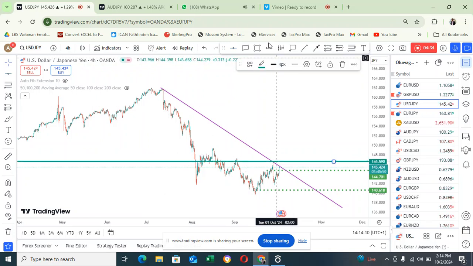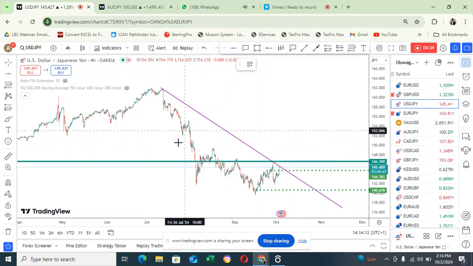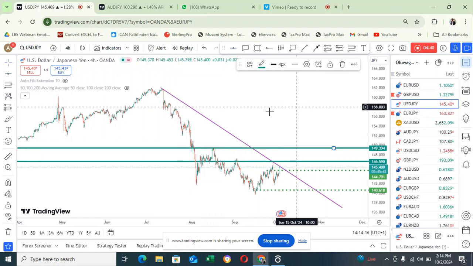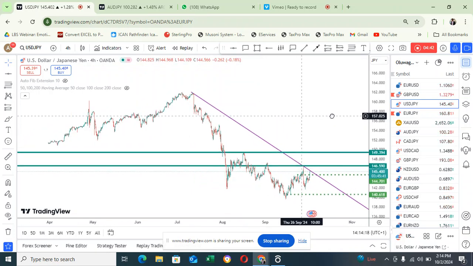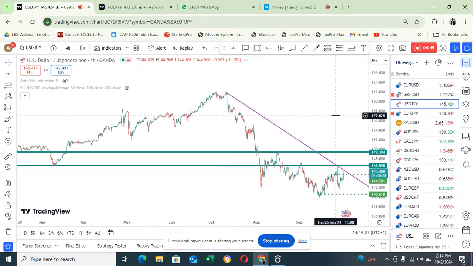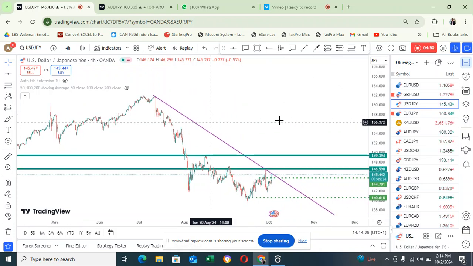There must be breakouts in those two areas that I highlighted for us to know that the downward trend has finished on the 4 hour time frame. I believe you are getting my point here.